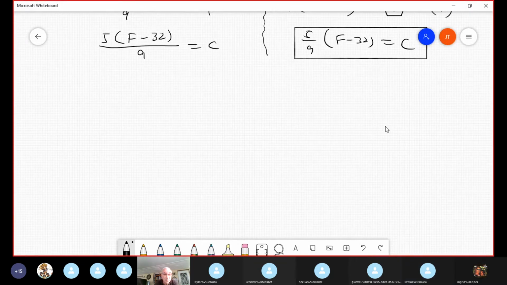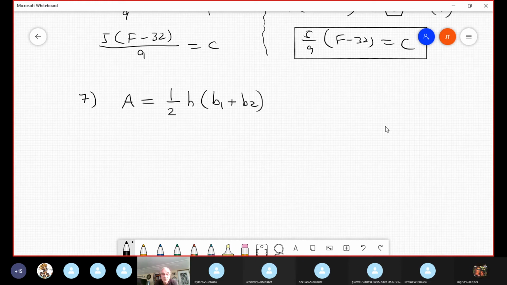Let's move on to number 7. Number 7 is, again, the area. It's a geometry problem: 1/2 h, parenthesis, b1 plus b2. This is totally irrelevant, but I want to explain something. This is a trapezoid, a quadrilateral figure.